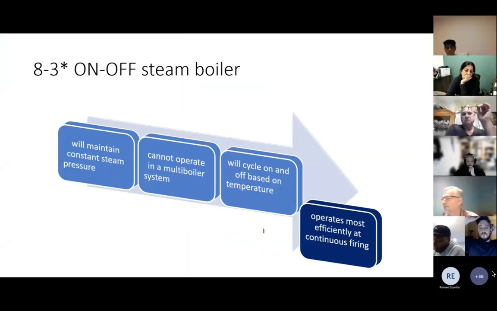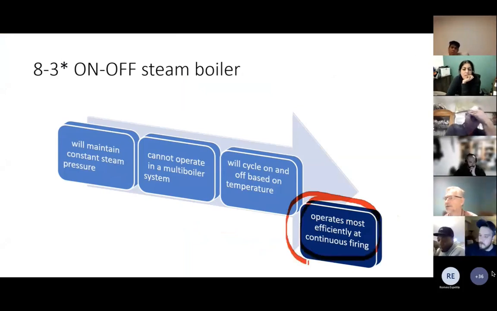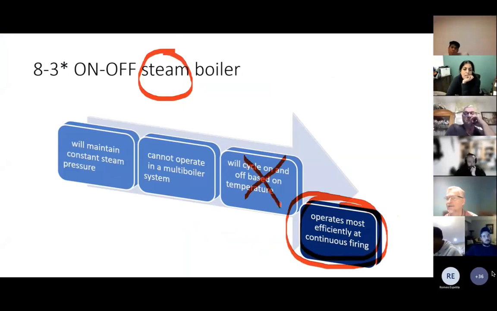On-off steam boilers. So a little review of chapter 8. Operates most efficiently at continuous fire. If it's a steam boiler, it's not going to cycle based on temperature. The steam pressure won't be constant.